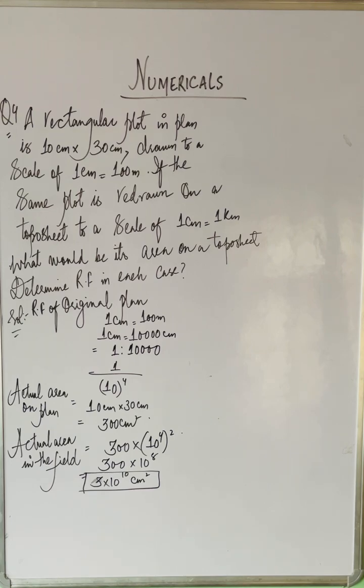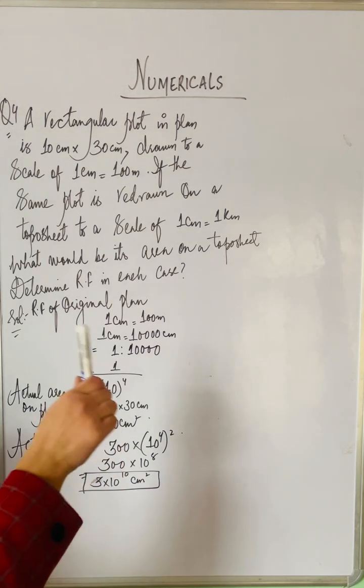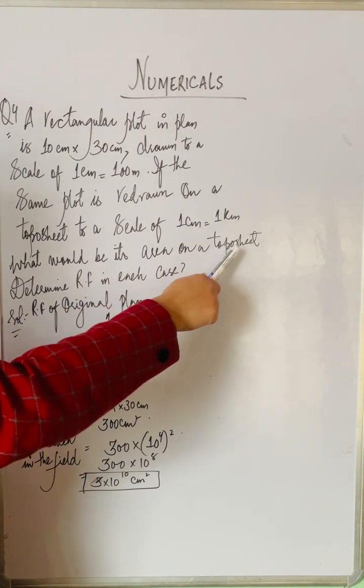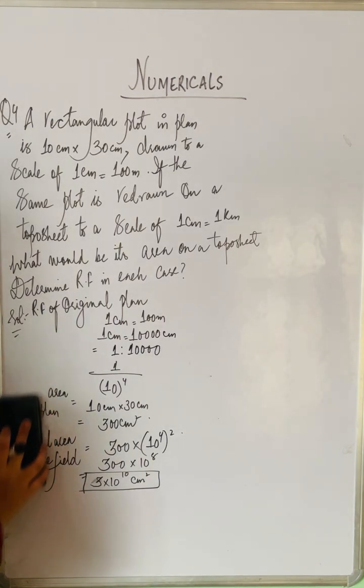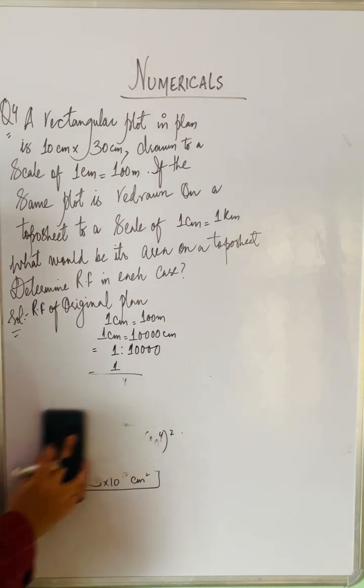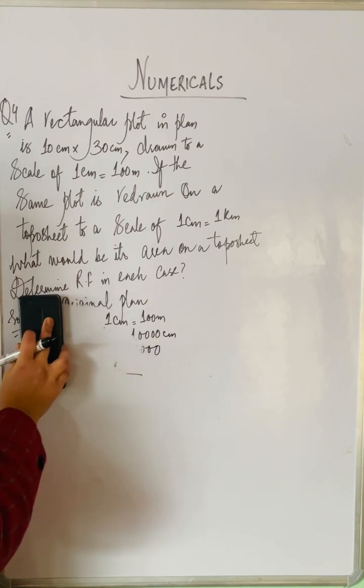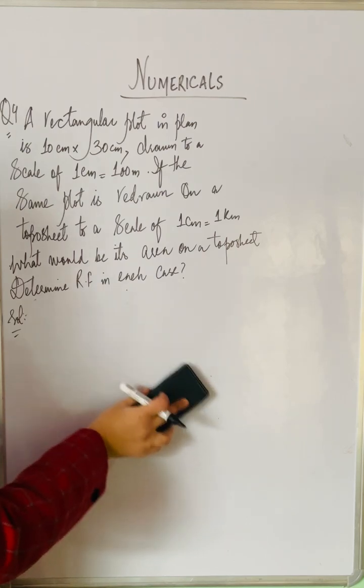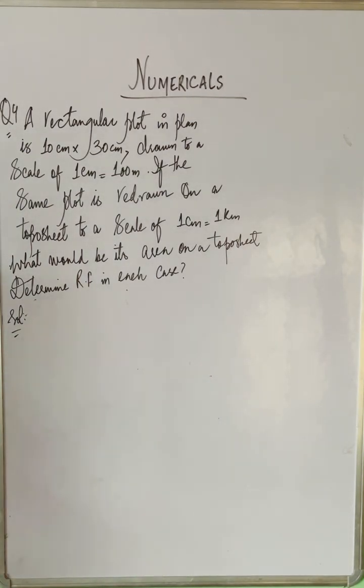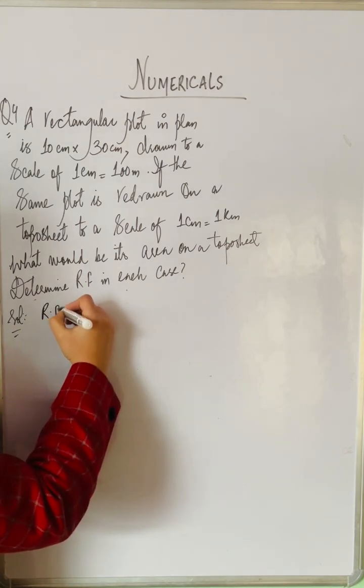Now we have to see what will be the case if it has been redrawn on a topo sheet, right? What is the representative fraction of a topo sheet? 1 centimeter is 1 kilometer. Let me rub it first. What is the RF of a topo sheet?